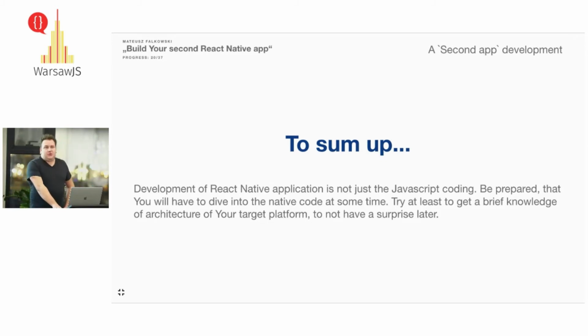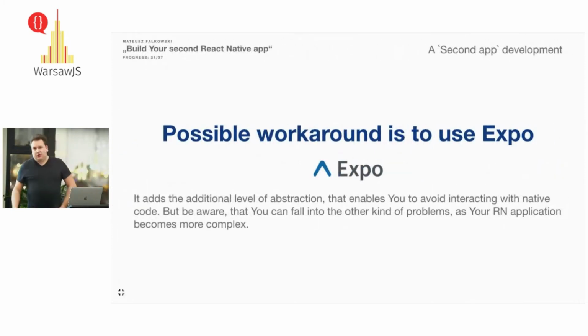If you are going to do it on Android, also check how a mobile application on Android works and what the most common problems related to that in React Native are. A possible workaround is to use Expo. Of course, it adds an abstraction level that will let you escape from the native code, but you have to remember that it also adds some complexity. So you probably will need some help if the library that you want to use doesn't have Expo bindings.